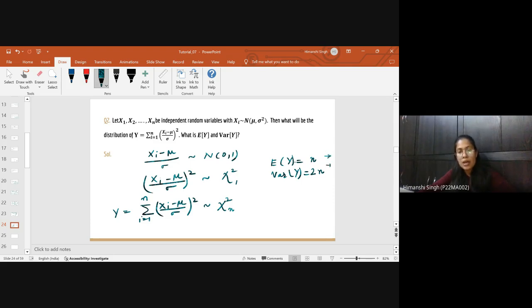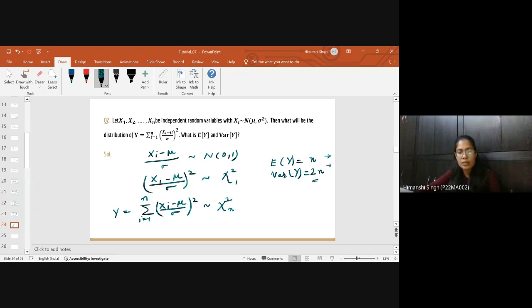This can be proved, but directly, because the chi-square distribution is very common and useful, you know that the expected value of a normal distribution is mu and the variance is sigma square. In the same way, just learn that for a chi-square distribution with n degrees of freedom, the expected value is the number of degrees of freedom and the variance is twice that.